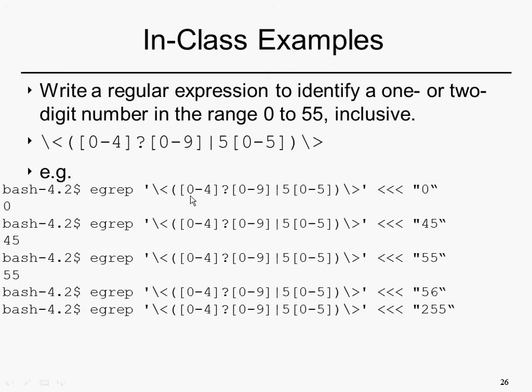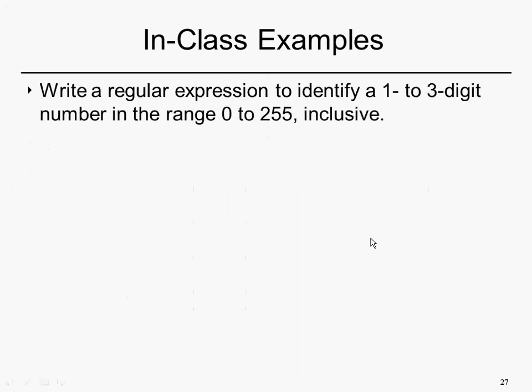We can handle just a single-digit number, but if we have a 2-digit number, it can't go above 50. The 50 case will be handled over here. So here we handle all things where the first digit is 0 to 4 and then we have a subsequent digit 0 to 9, or we have things in the range 5 and then 0 to 5. Okay, so this does in fact work. This works to match that.